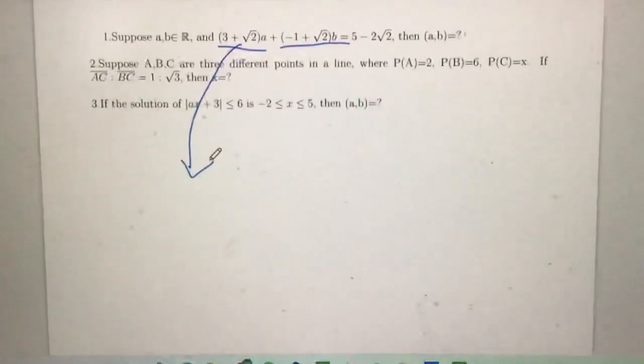We can compute that this will be 3 times A plus square root 2 times A, right?